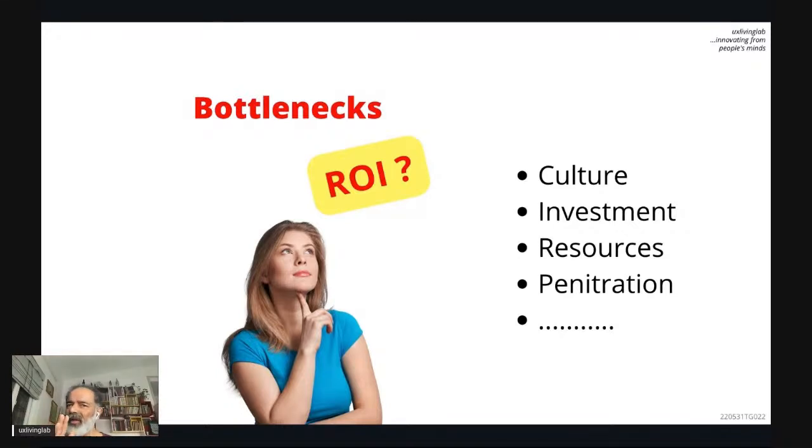Because most of the ideas that came into the world, if you analyzed them with ROI, would not have come. Look at Apple, Amazon, any big company, Elon Musk's Tesla.